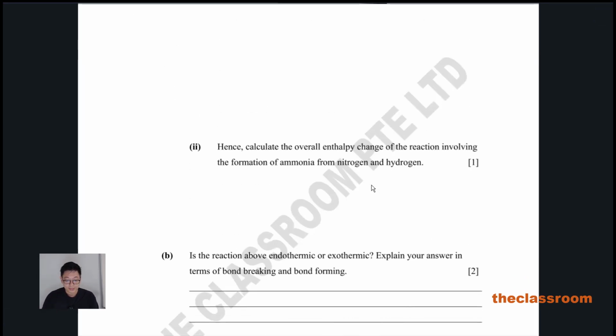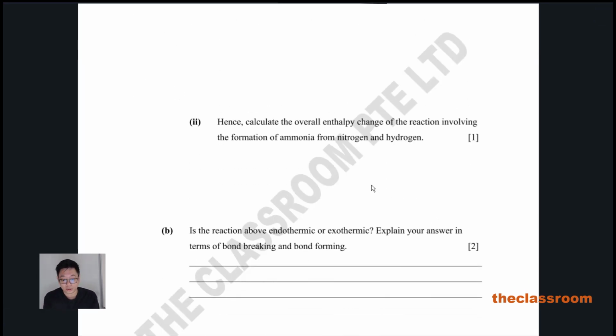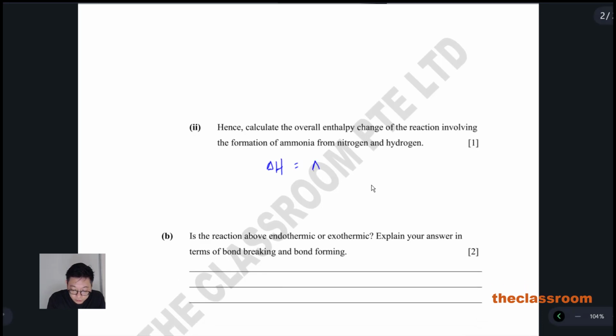It says here, hence calculate the overall enthalpy change. We know that the overall enthalpy change is your energy absorbed to break bonds added to your energy released when bonds are formed. So you take a positive plus a negative number. It's enthalpy change 1 plus enthalpy change 2 plus enthalpy change 3.